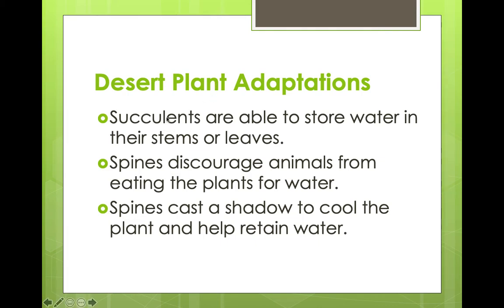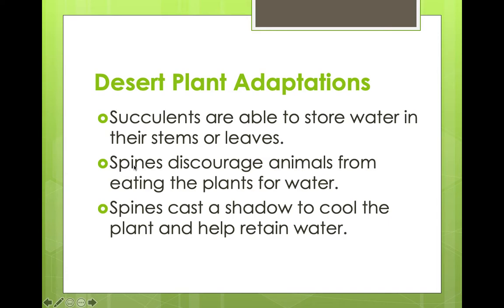Succulents, these ones are succulents, are able to store water in their stems or leaves. Spines discourage animals from eating the plants for water. Spines cast a shadow to cool the plants and help retain water. So, succulents, which are the plants that I already showed, do you see that they have a bumpy figure? They're kind of like a balloon or like a ball. That's where they store the water on the inside, in their stems and also in the leaves.